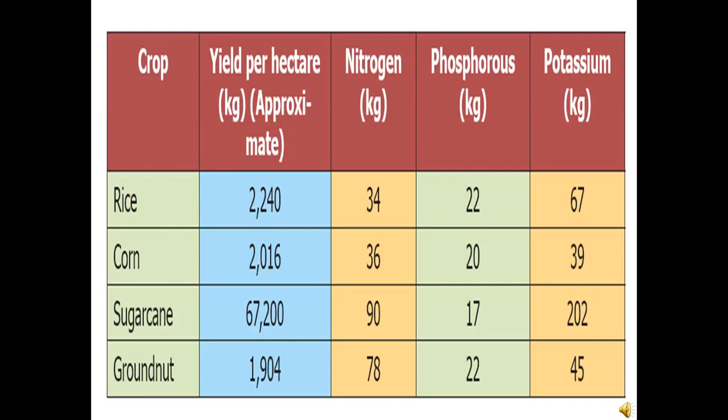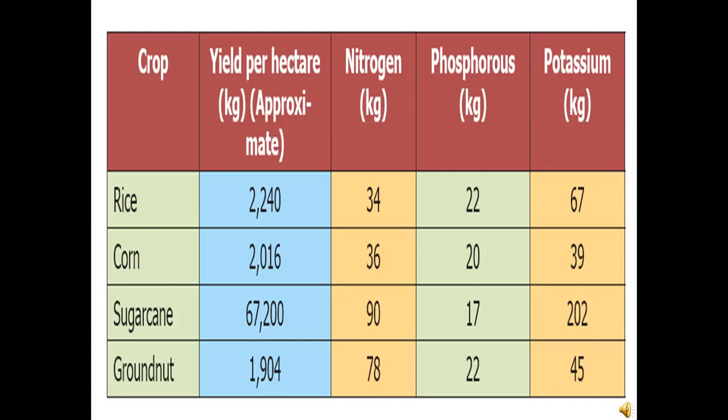For rice, nitrogen 34 kilogram, phosphorus 22 kilogram and potassium 67 kilogram. For corn, nitrogen 36 kilogram per hectare, phosphorus 20 kilogram and potassium 39 kilogram.